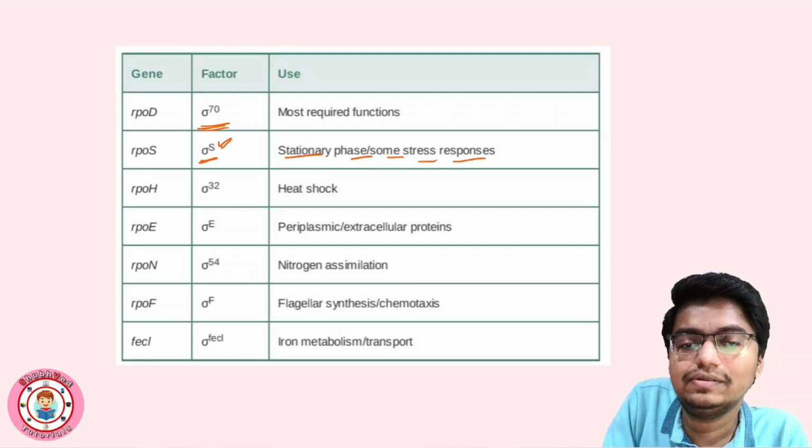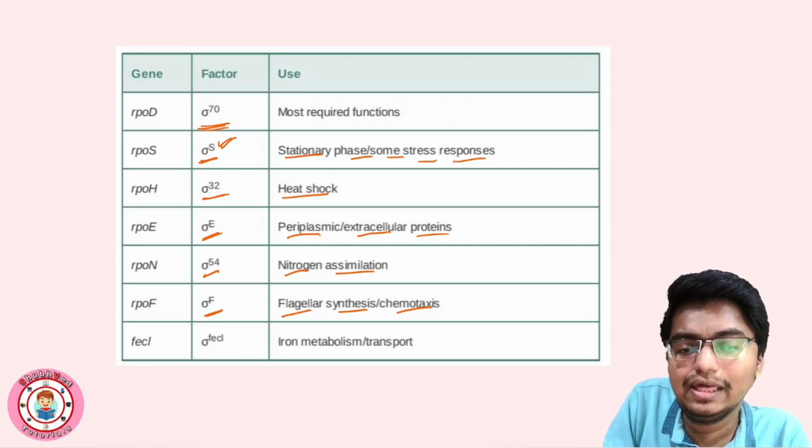Sigma 32 is heat shock. Then sigma E is for periplasmic and extracellular proteins. Sigma 54 is nitrogen assimilation. Sigma F is flagellar synthesis and chemotaxis. And sigma FecI is iron metabolism and transport.